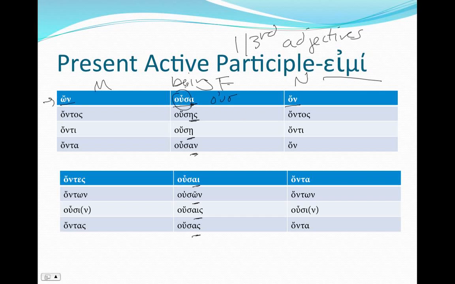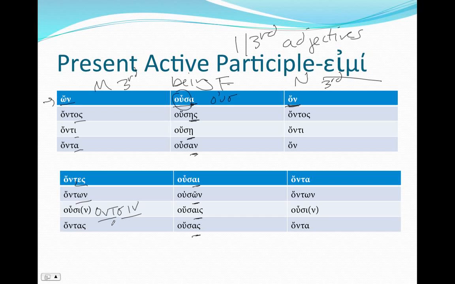Now, for the masculine and neuter, the third declension part of this, the stem is going to come from our neuter, on, but there's actually a tau hidden in there. So if we look at the masculine, ōn, ontos, onti, onta, perfectly normal third declension endings. And in the plural, ontes, ontōn, ousin. What's going on here is we get ont-sin, there's our stem plus our -sin.